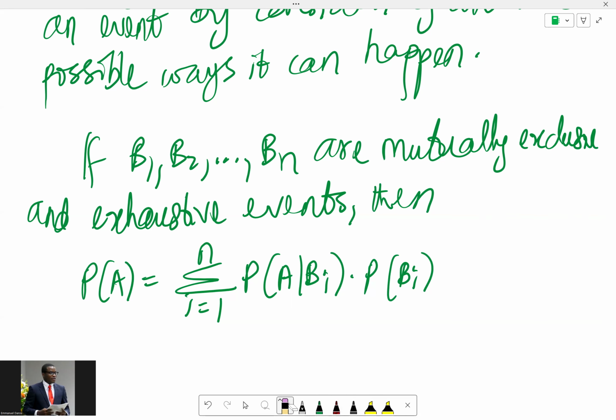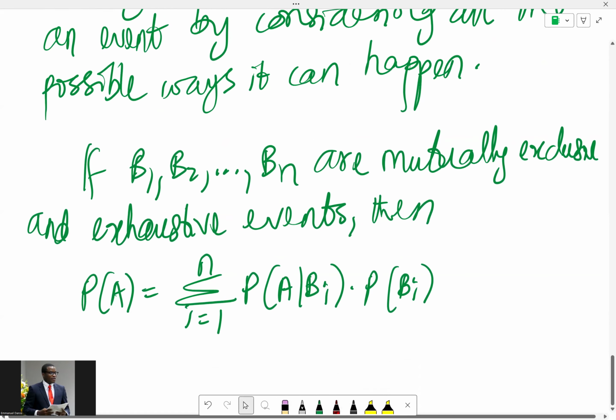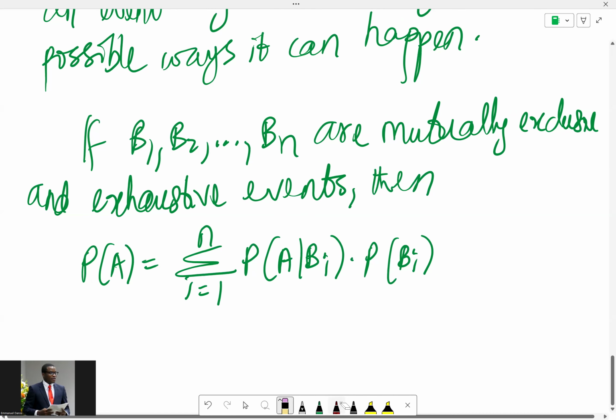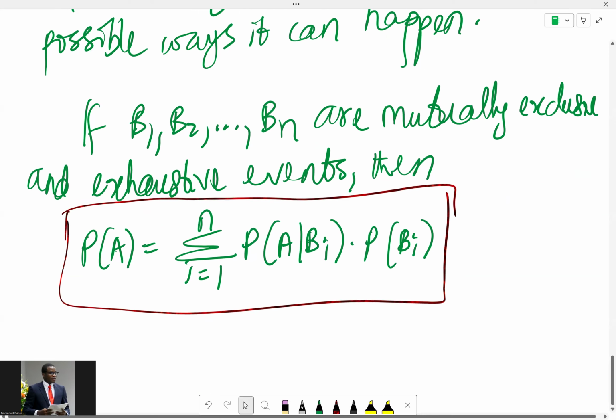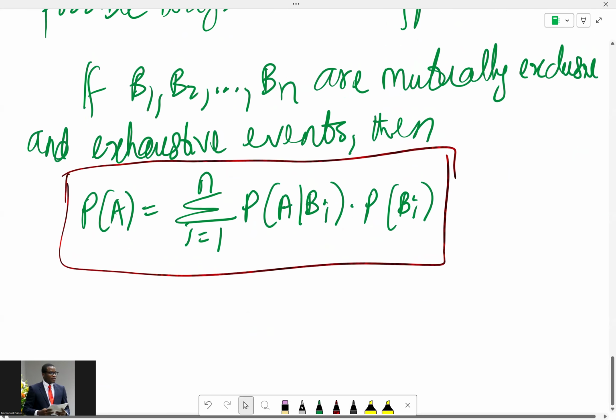All right. So this is the law of total probability. You can write this for any kind of events that are mutually exclusive and exhaustive.